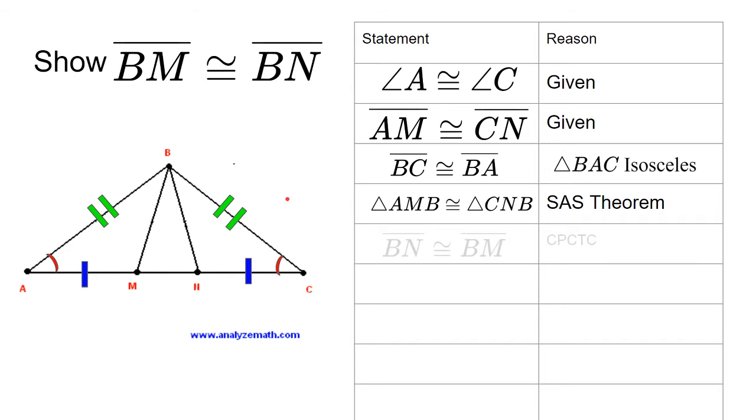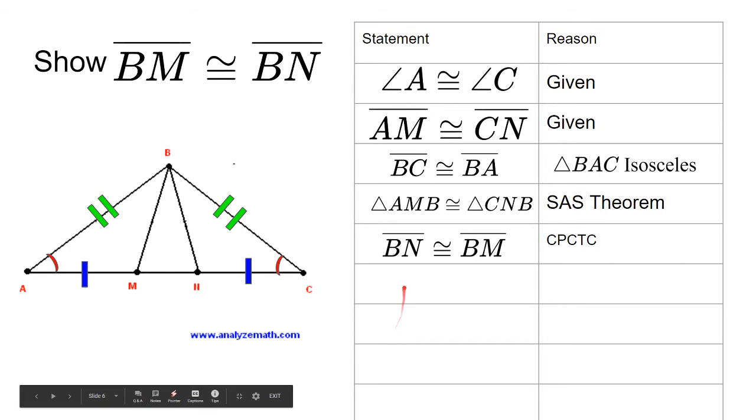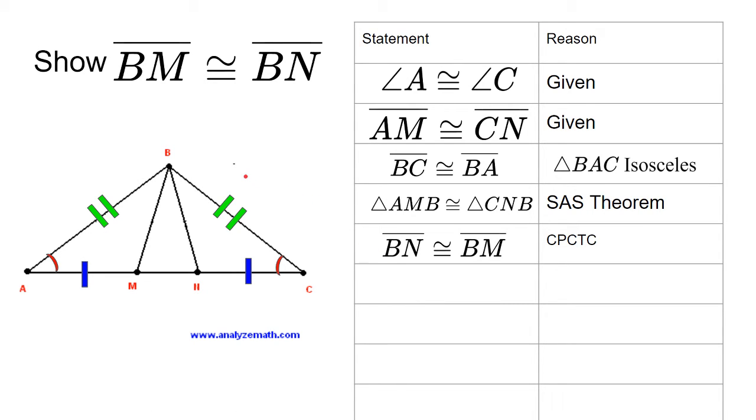From here, you're home free, because then you could say that line segment BN is congruent to BM because corresponding parts. Okay, so I got a lot of empty spaces there just in case we did some other method. And just because I use this method does not mean there's not a different way to solve this one. There might be, but sometimes there's alternate routes to the proof.